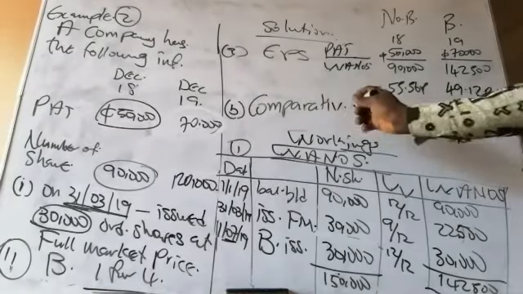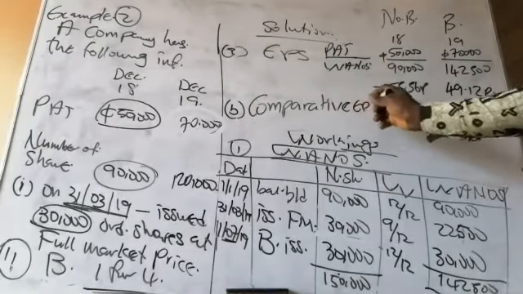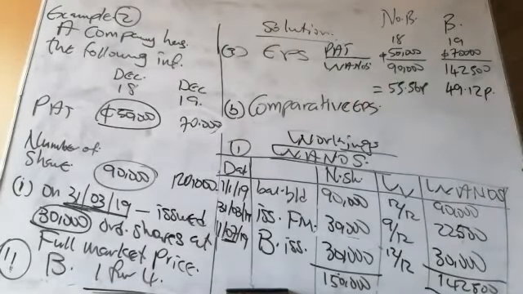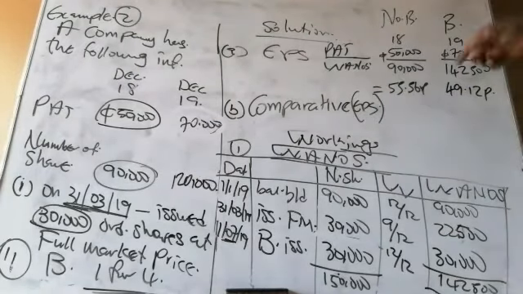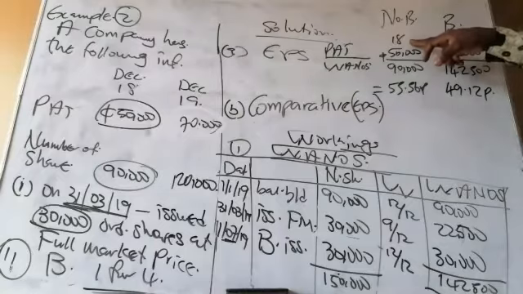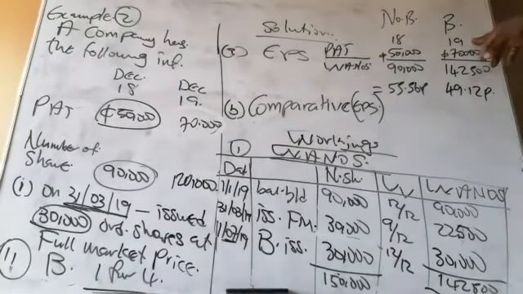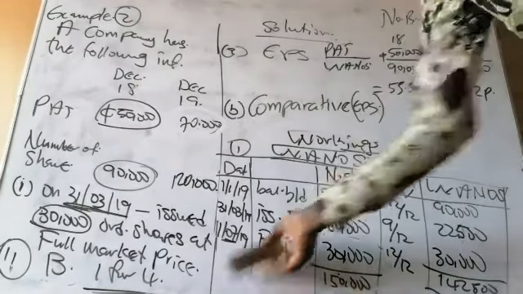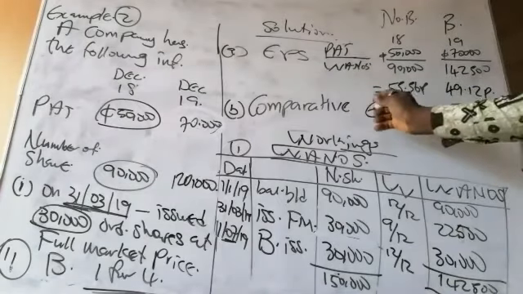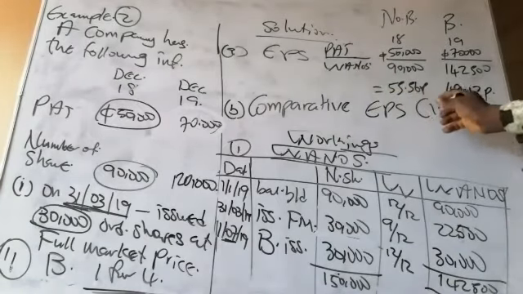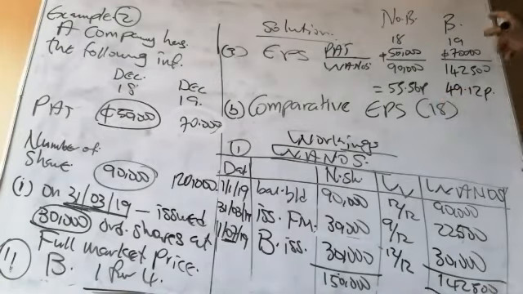The comparative earnings per share is the earnings per share for 2018, which will be calculated in 2019 as a result of the bonus issue.